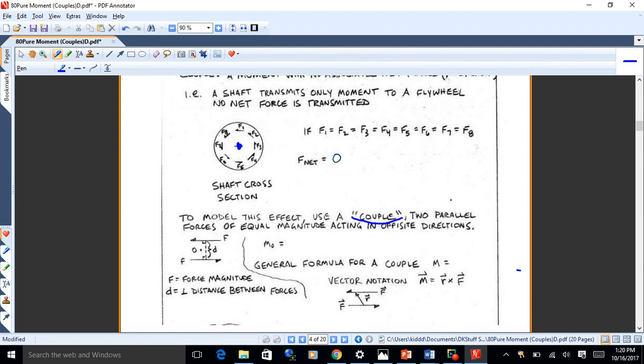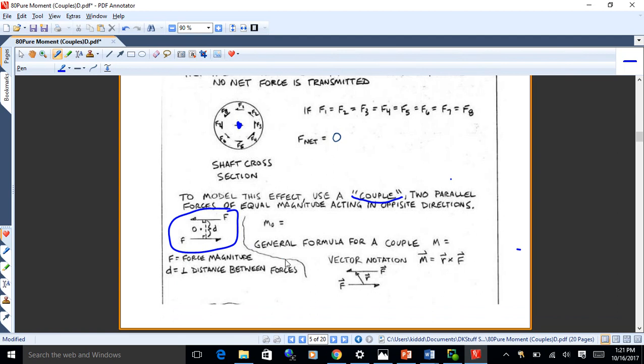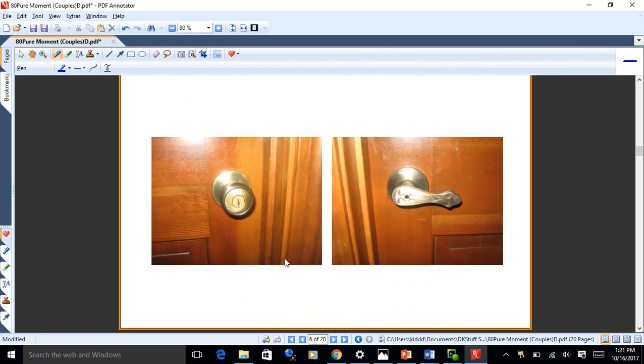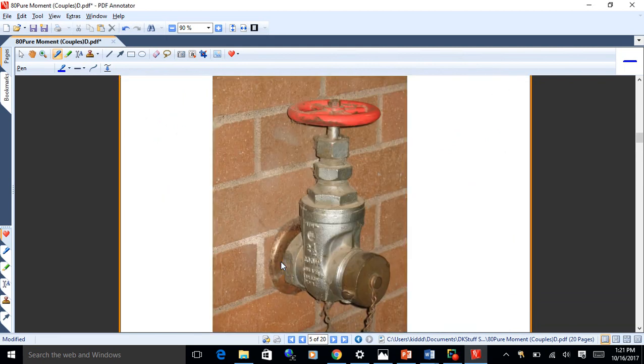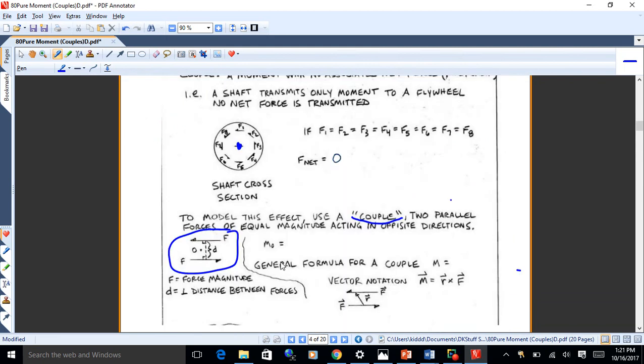Now, if you want to find the moment of that particular couple, with the forces equaling each other going opposite directions on either side of point O, and we have the perpendicular distance between the forces, which is D, what we can do is calculate that out.